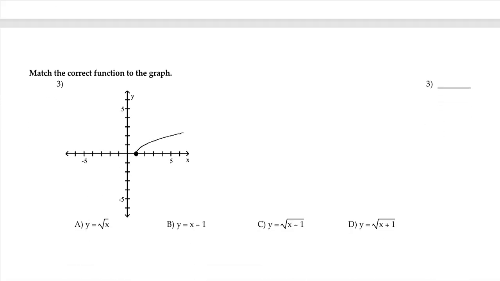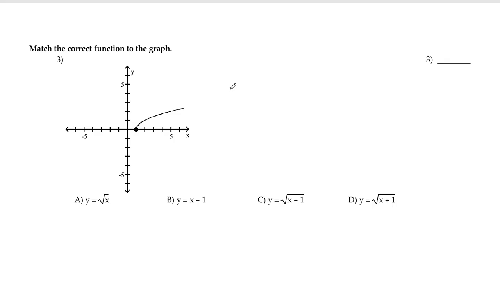The next exercise we have here is to match the graph with the function. In this case, when we look at this function, if we remember the library functions, we immediately recognize that the basic function here is the function square root of x.